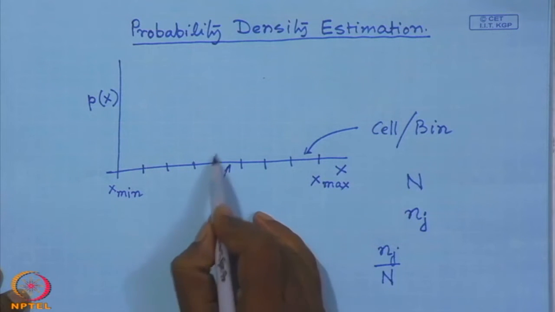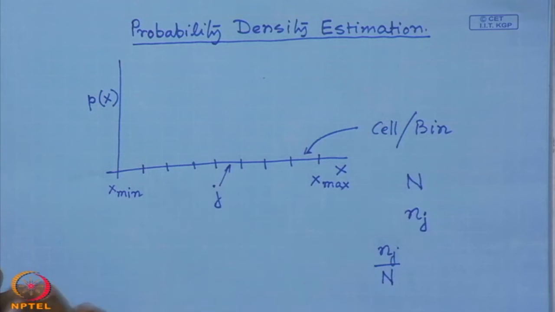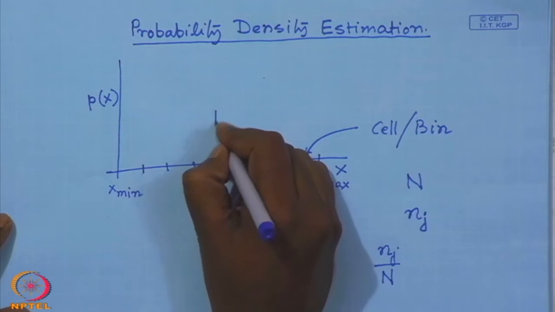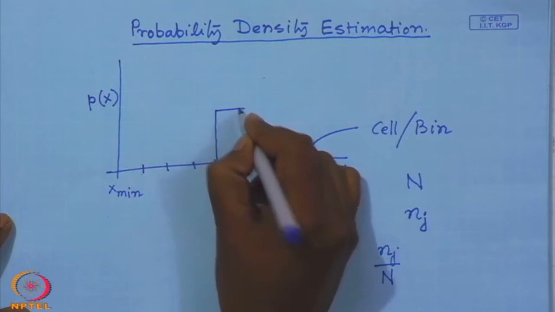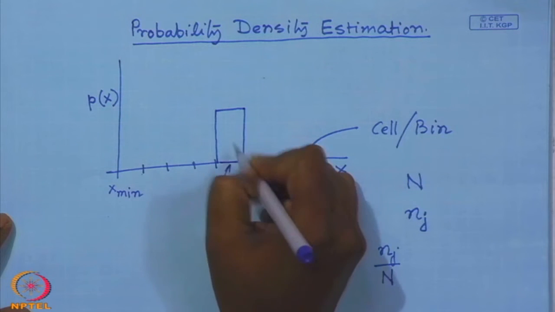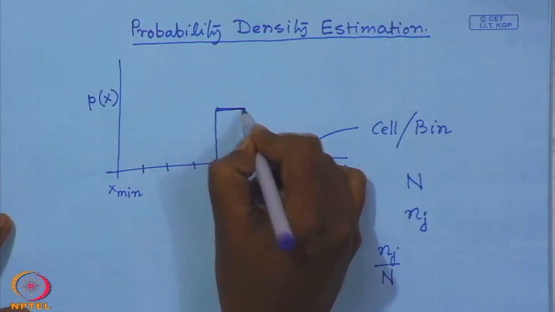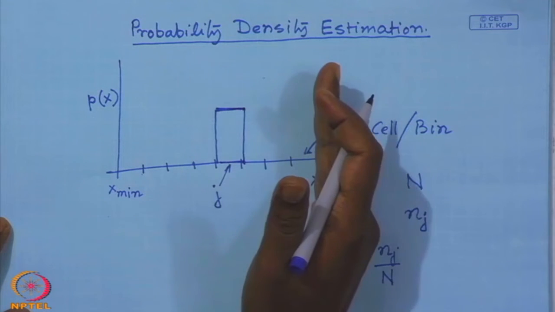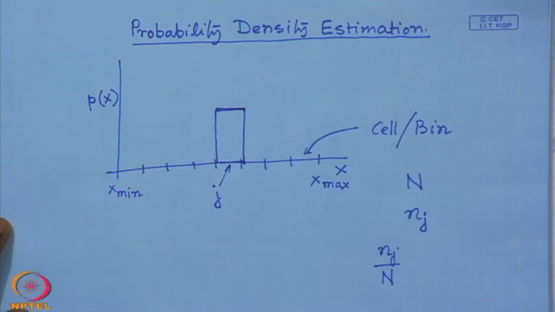And I also assume that in a particular bin the probability density is uniform. So, what I will have is a probability estimate something like this. So, within this jth bin the probability density function is uniform. I can have different values of this probability density function in different bins.